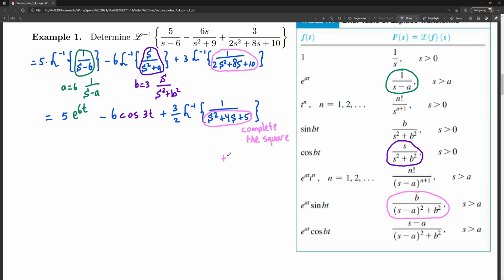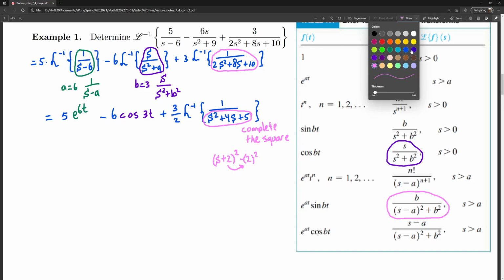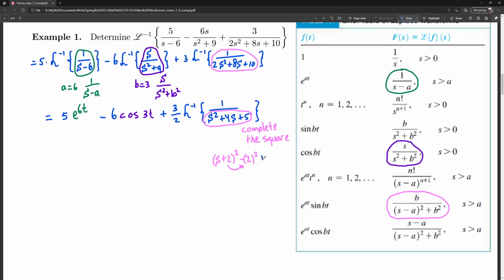So that's plus 2. And then I'm going to put s there. So I have s plus 2 squared. And then I have to subtract the extra term that I introduced. And so I take minus 2 squared. And then I still have the plus 5 from before.